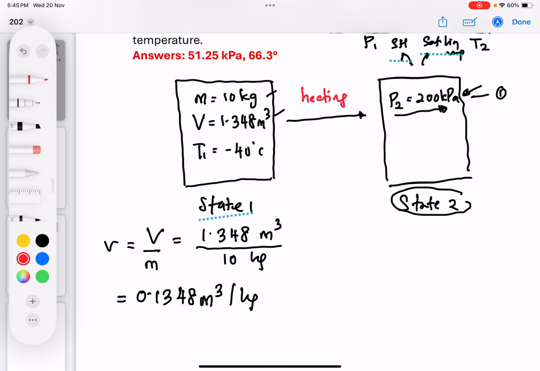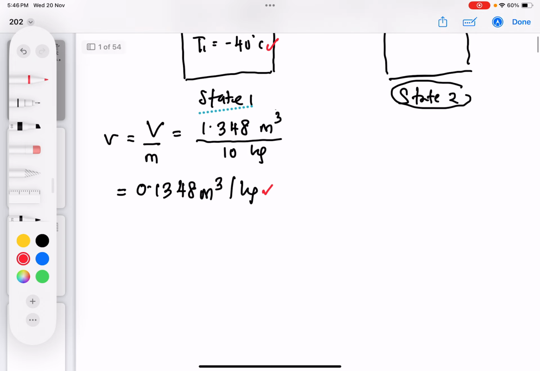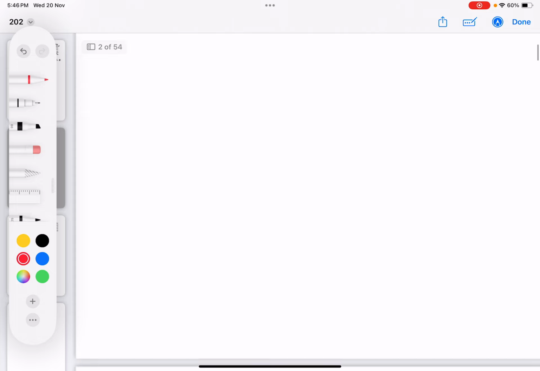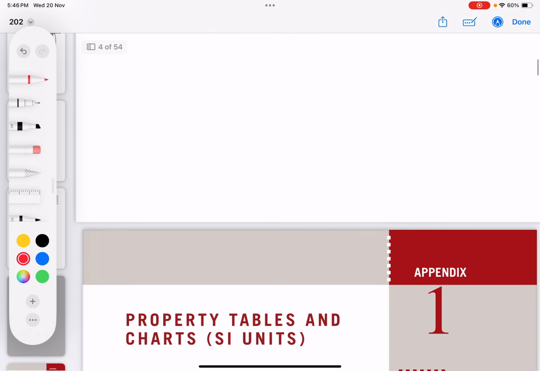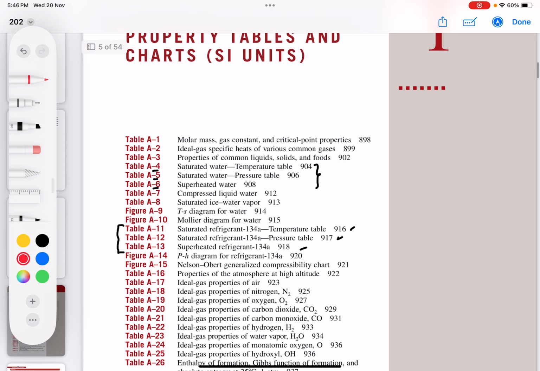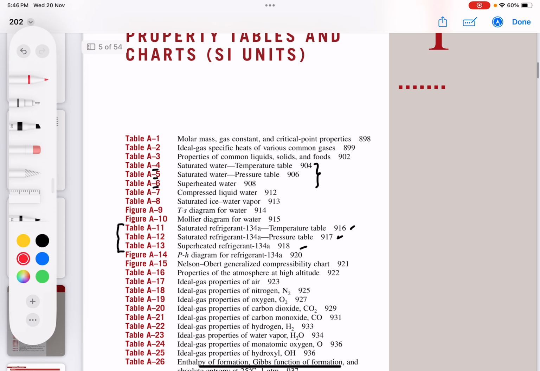So now I have 2 different pieces of information: I have the specific volume, and I have the temperature. Since I already have 2 different properties, I can determine other properties by using a steam table. In this video I'm going to show you how to get the values, but in subsequent videos I'm not going to show you how I get them. So this is the steam table.